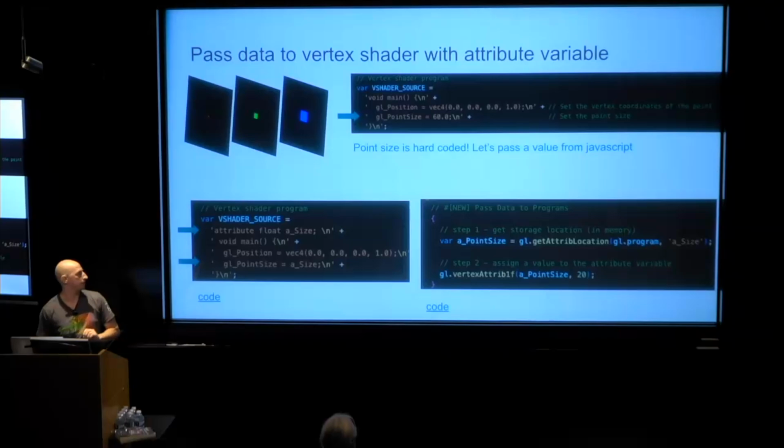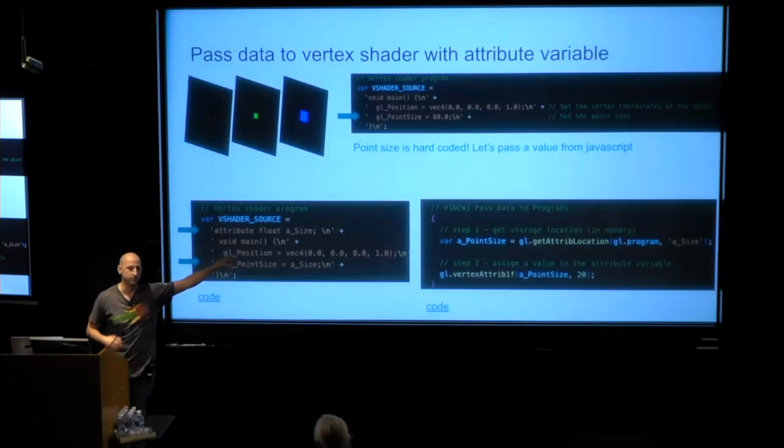The JavaScript part is that its job now is to give it a value. Because they don't share memory context, you have to communicate with more granularity. So the first thing you have to do, if you are JavaScript and you want to send a value, is say, okay, you're using this program, you're using this vertex shader. Get me a variable that you've defined in that shader called a_size.